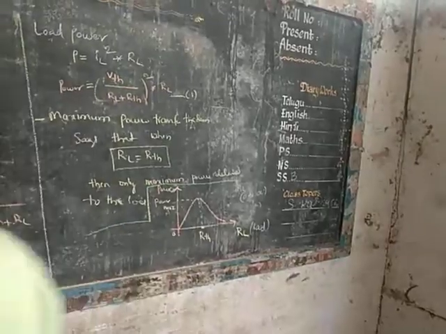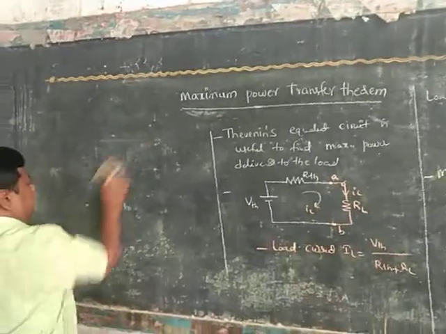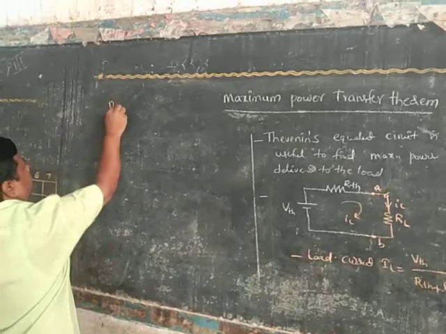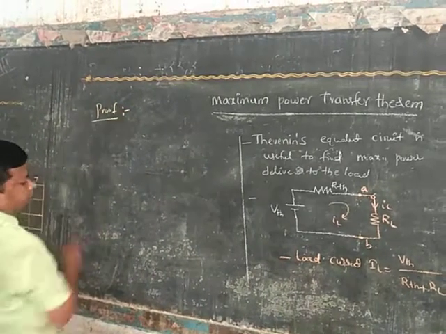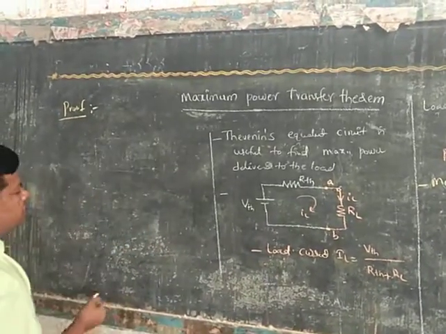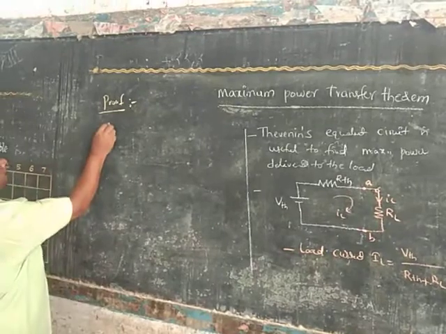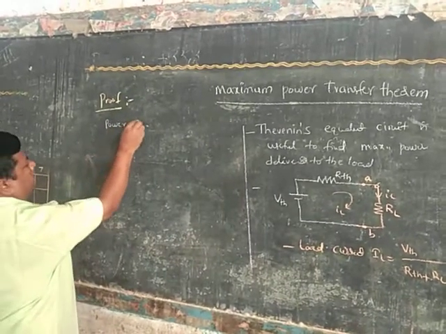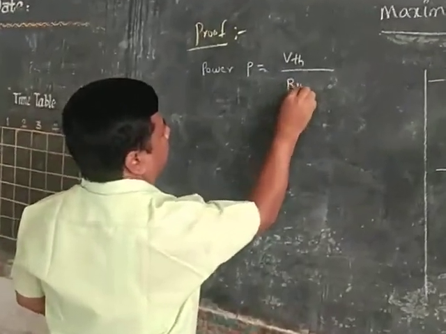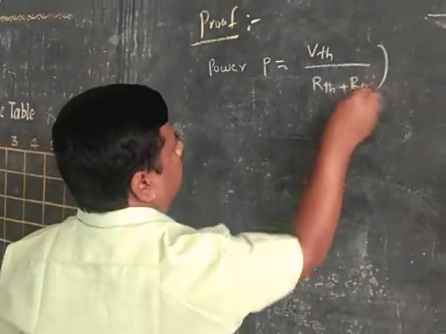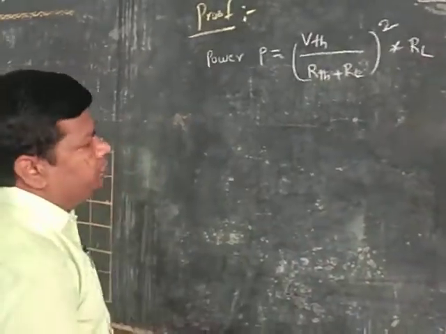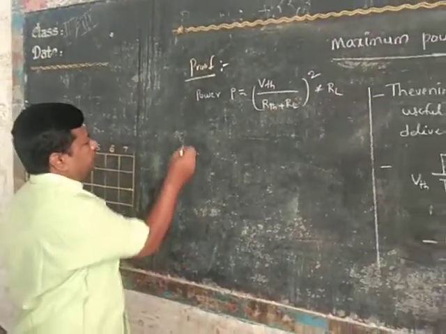Coming to the proof. How to prove that statement? Consider equation 1, the power equation: power P is equal to V Thevenin by R Thevenin plus RL whole square into RL.